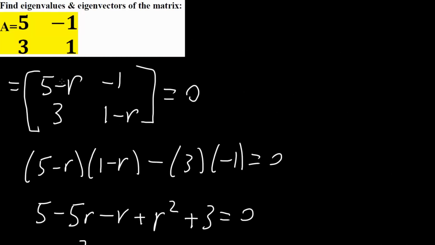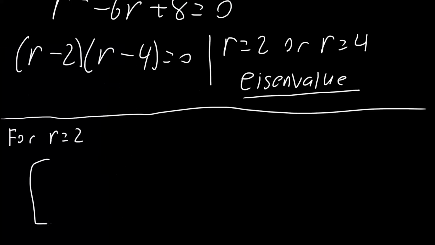So 5 minus r is 5 minus 2, so 3. 1 minus r is 1 minus 2, so negative 1. Everything else remains the same. So we have 3, 3, negative 1, negative 1.